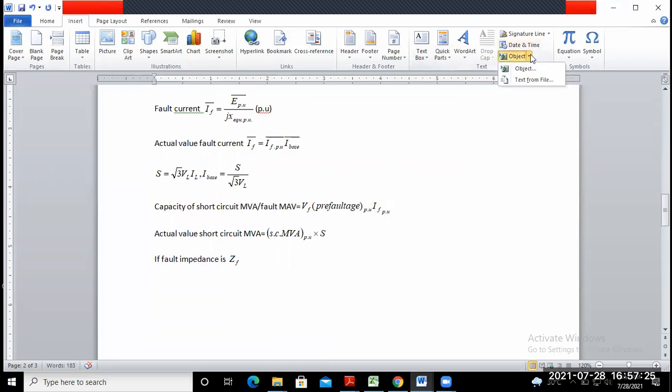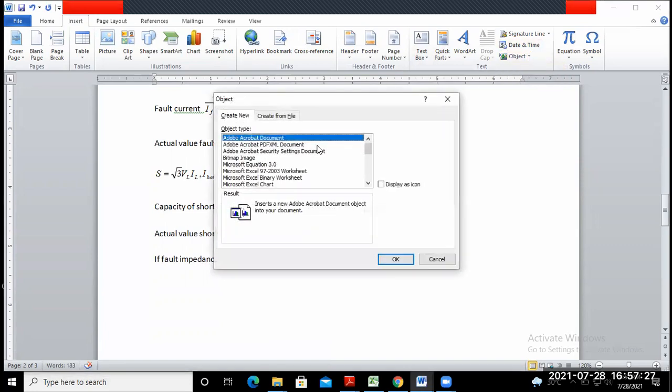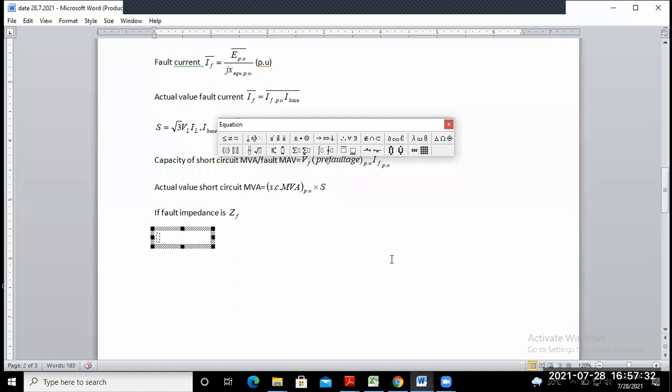Yes, sir. If the fault impedance is ZF, what is the value of the fault current? IF equals E by ZF.